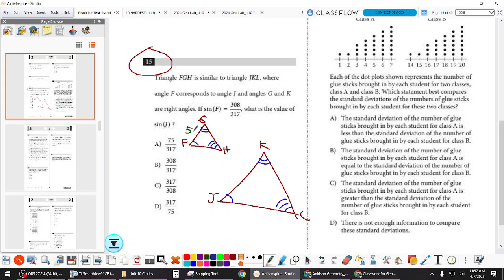If this is 5 and this is 10 and this is 12 and this is x, what is x? If these are similar, since 10 is double 5, x has to be double 12. And that would make the side lengths proportional, which means they keep that similar relationship. Now, that was a review.